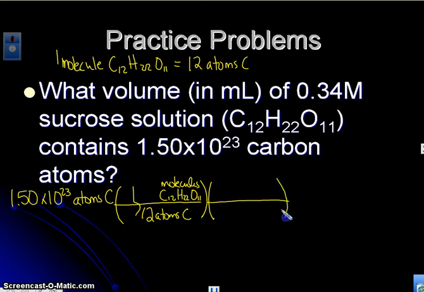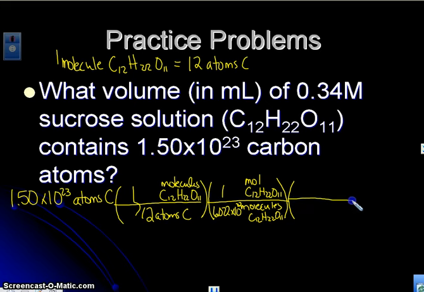So we want to go from molecules to moles, so we need molecules on the bottom to cancel, and we want to go to moles of sucrose. We know that in 1 mole of anything, there are Avogadro's number of particles. So 6.022 times 10 to the 23rd molecules of sucrose.